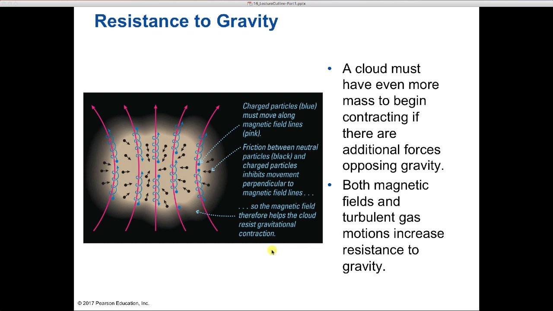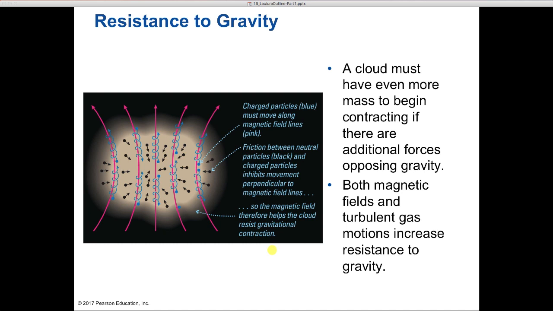So there's other things then that gravity has to resist. The cloud of gas might also have magnetic fields in it, and it typically would because magnetic fields come from moving charged particles, and there's a lot of moving charged particles in these clouds. And so the magnetic fields will tend to prevent the cloud from collapsing too fast. So gravity has to try to counteract magnetic fields as well.